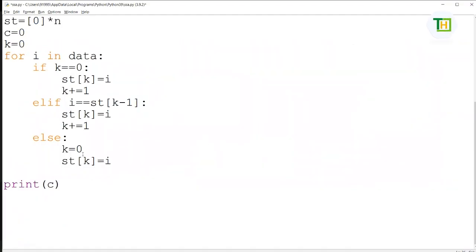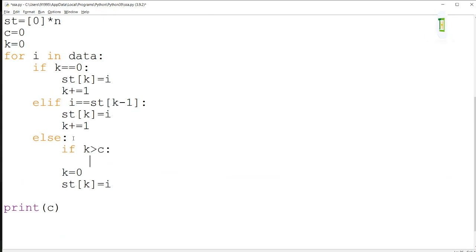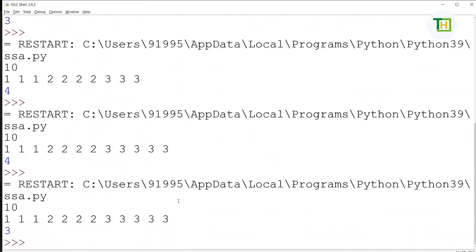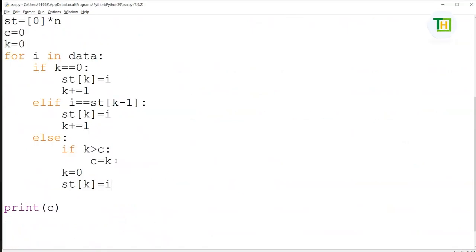Before this, I am going to write if k is greater than c, and c is equal to k. And if I execute the same problem, again the same problem. If you observe here, the c is not going to be like this, and I'm going to write plus 1.